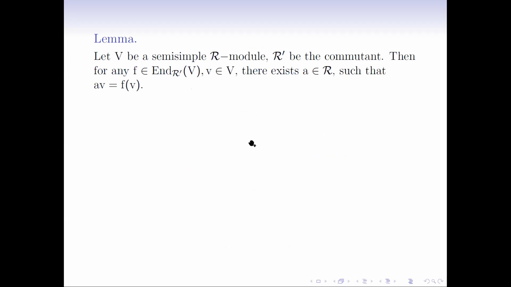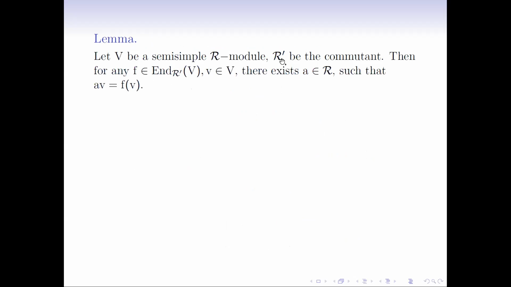Now we'll prove the last statement, which is called the Jacobson theorem, and then the Wedderburn theorem, which are very important theorems for algebras, and they actually classify all simple algebras. Let V be a semi-simple R module and R prime be the commutant.